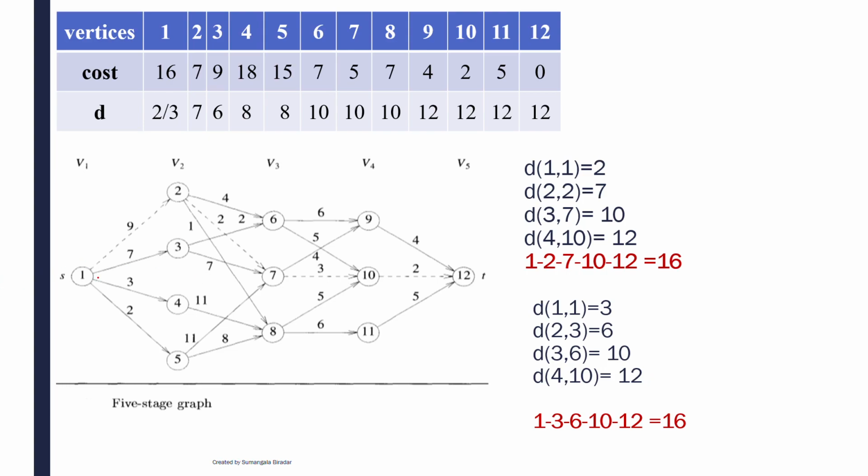What is that? 1 to 3, 3 to 6, 6 to 10, and 10 to 12 here. So that is from source S to sink T. You got the shortest path. This is your another shortest path, and you have the minimum cost of the path as 16 here. Is it clear now?